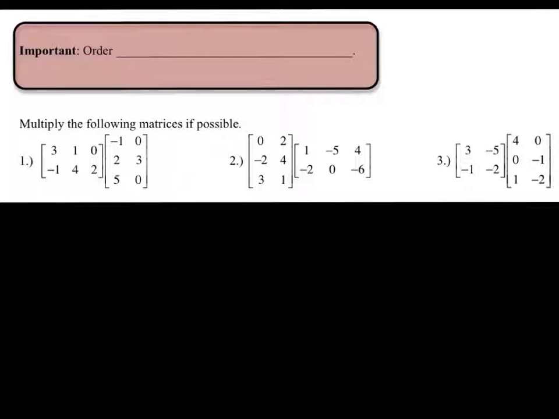For multiplication, order does matter. The reason it matters is if it didn't matter, then we wouldn't care what the dimensions were because we could just multiply whatever. Then it wouldn't matter if the first columns matched the rows of the second, because if you switch them, the rows of the first would match the columns of the second, and it wouldn't work.